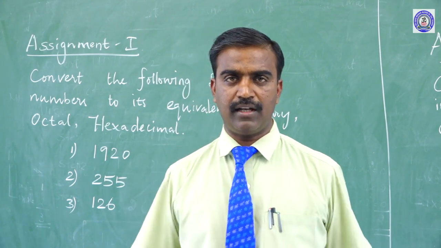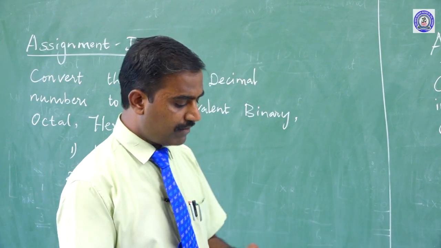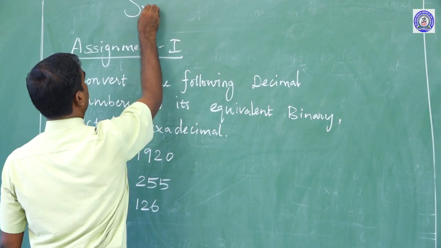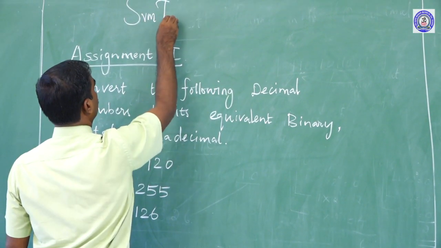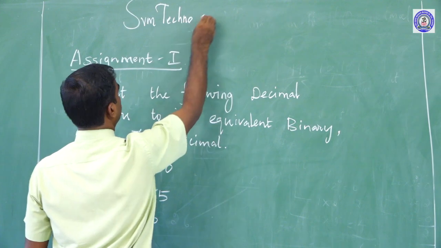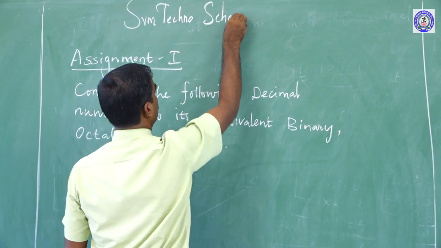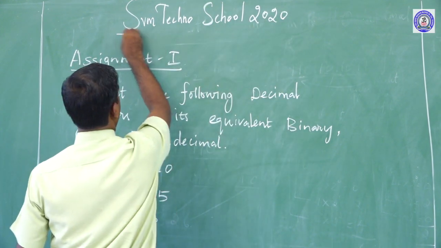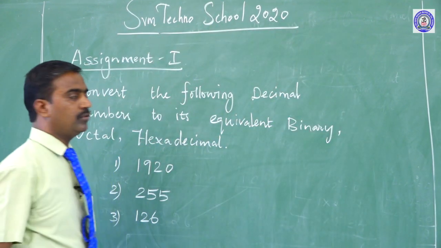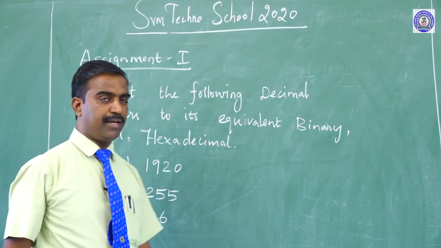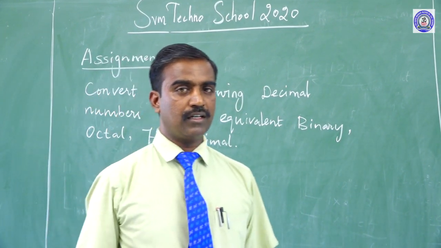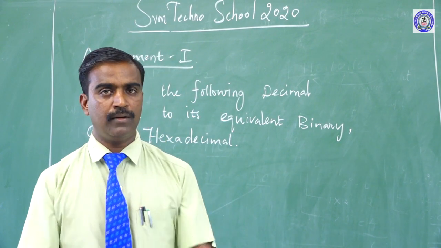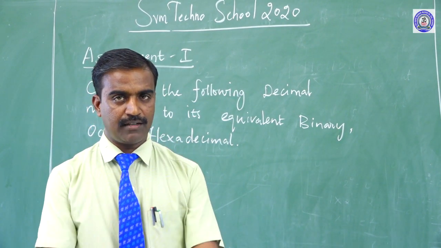That super assignment is given in our school assignment. We know our school name is SVM Techno School, SVM Techno School 2020. Clear? In this Techno School, based on this conversion session, how can I prove what we learned? On your side, can I give a small assignment for you?